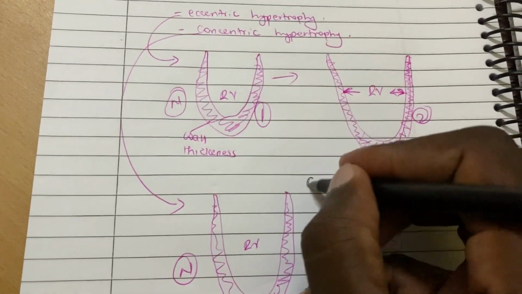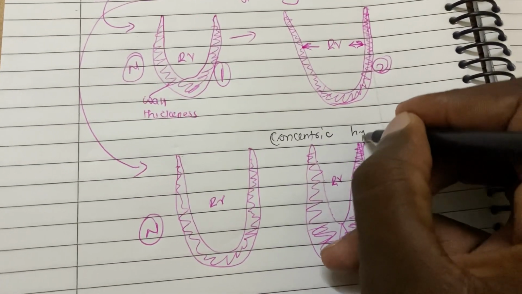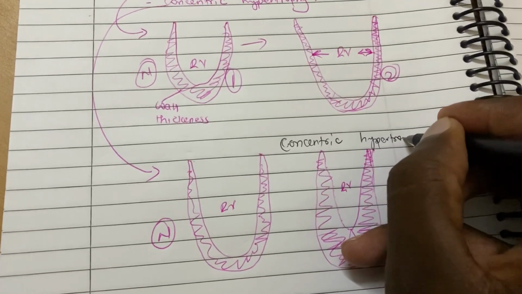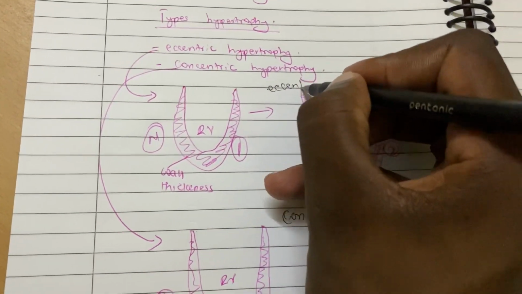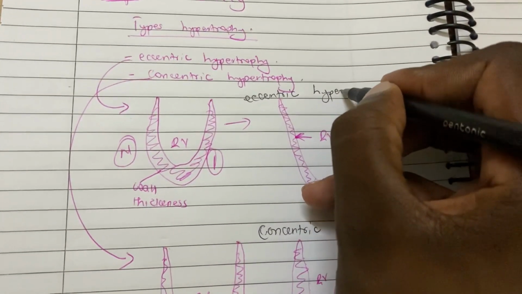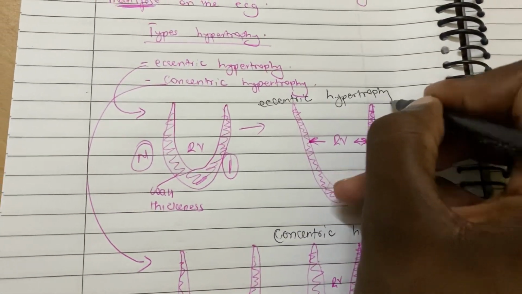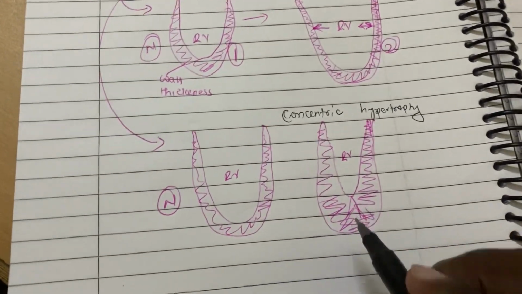This is concentric hypertrophy. This is eccentric hypertrophy. So this is the whole thickness.